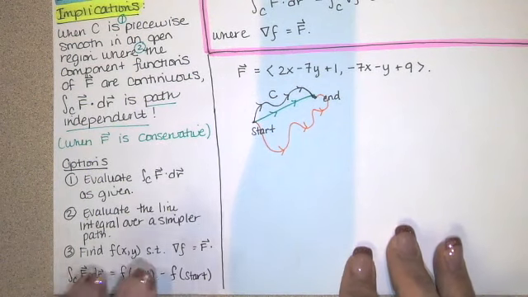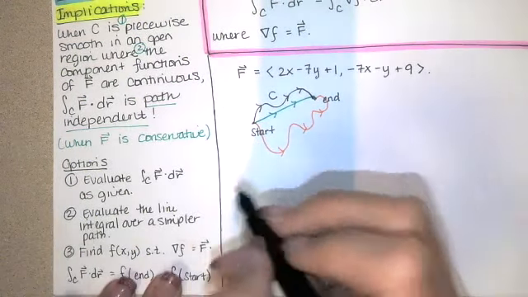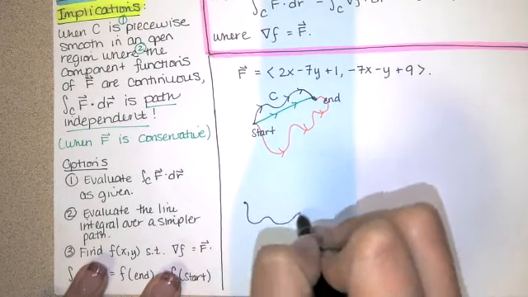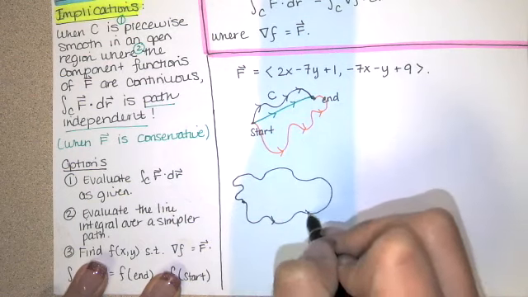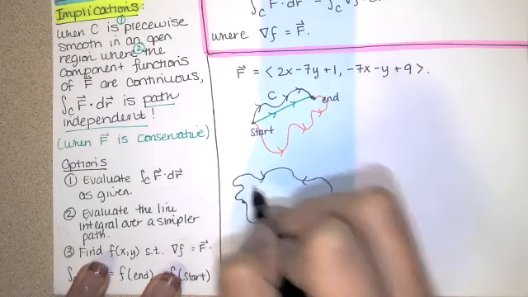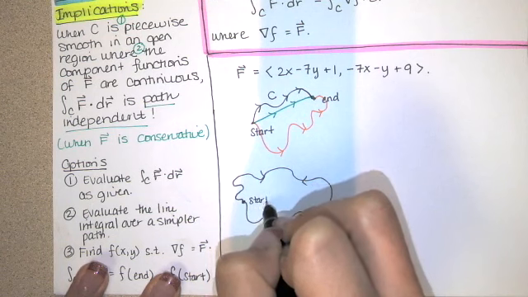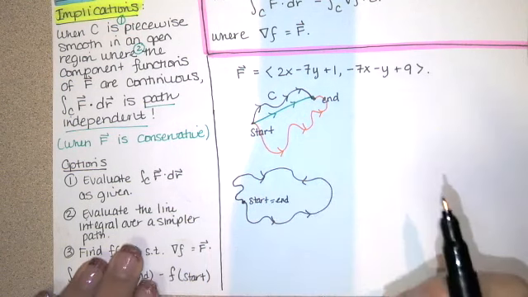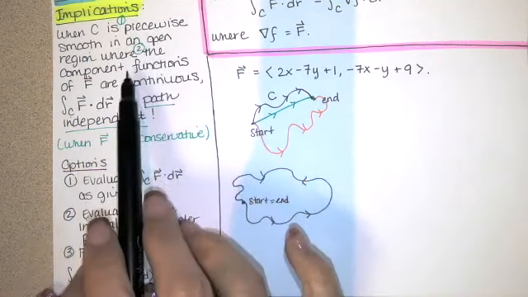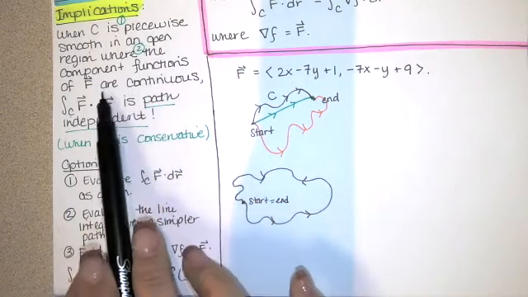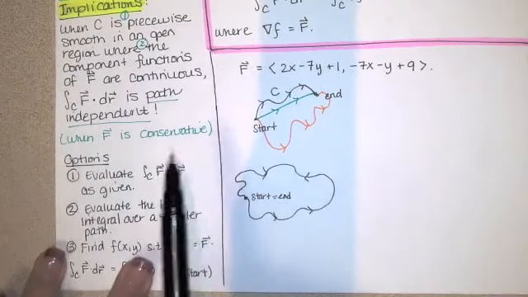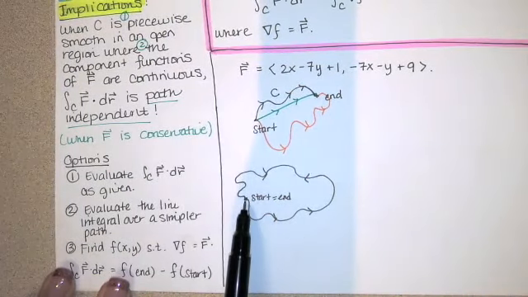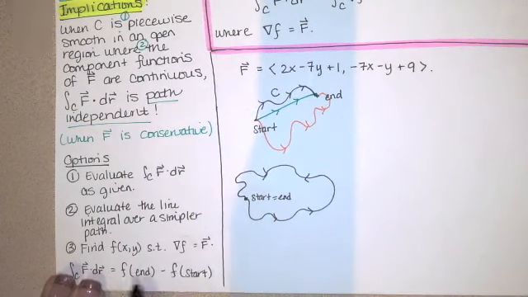Now, another implication is that if the curve is closed, so let's say we start here, and then all kinds of funny things happen, and then we end back here, but that's our curve. If our starting point and our ending point are the same, and our curve is piecewise smooth in an open region where the component functions of f are continuous and f is conservative, if all of those things are true and we start and we end in the same place, well, then the potential function at that location is going to be the same no matter what.